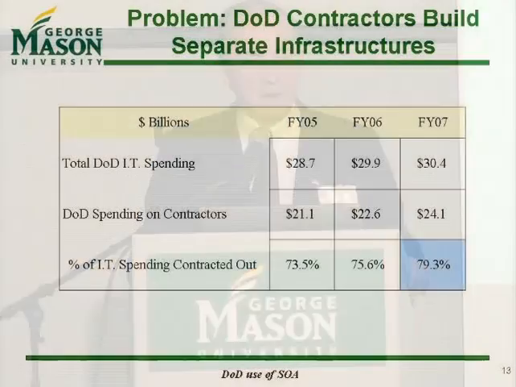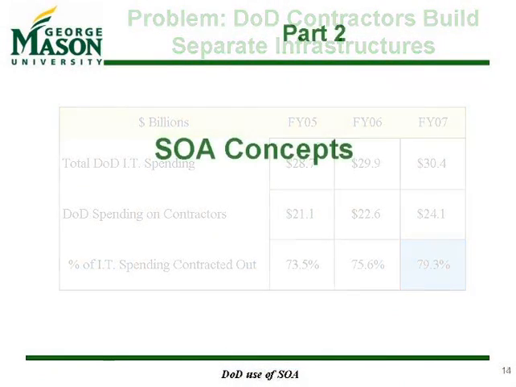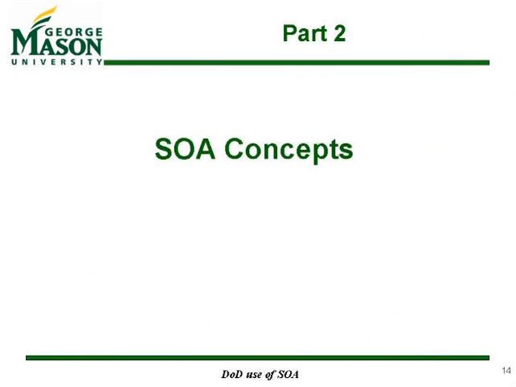That's the nature of how acquisition works. You go and do an RFQ, and then you give somebody a job, and they do their own infrastructure. So I just want you to understand that what I talk about today is toxic to contractors. So now let me go into the concepts.